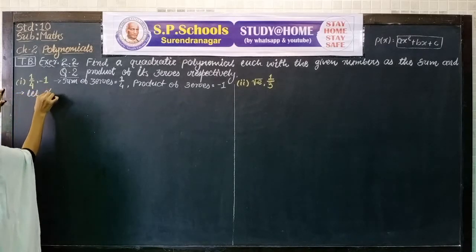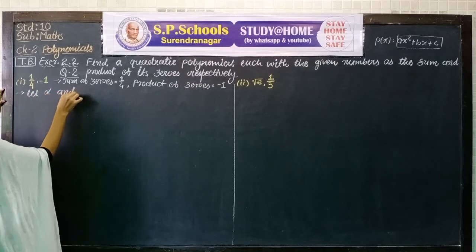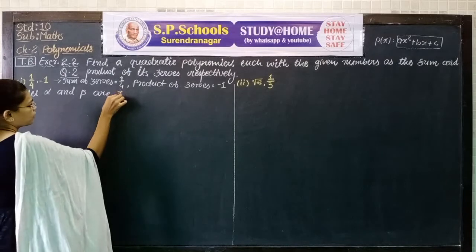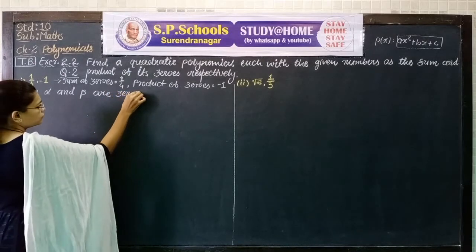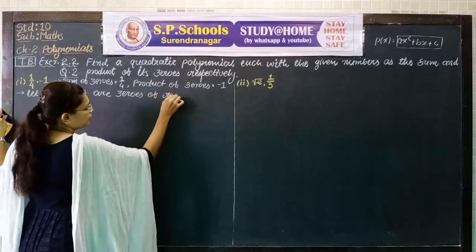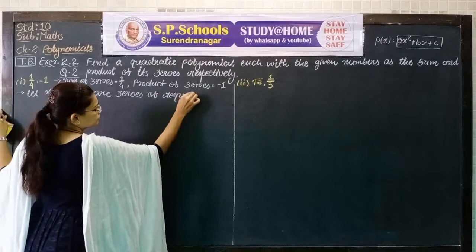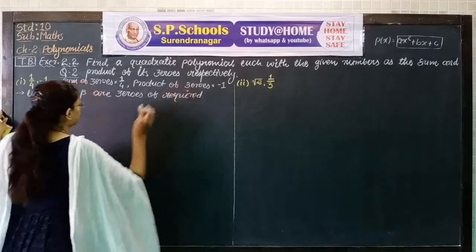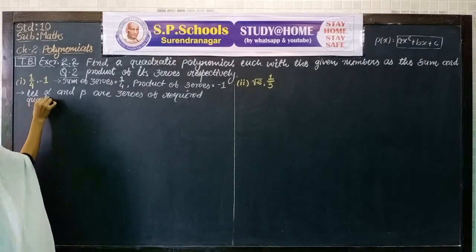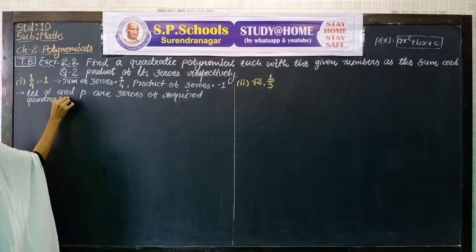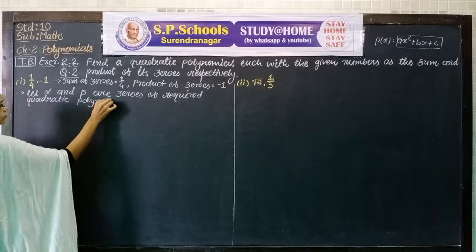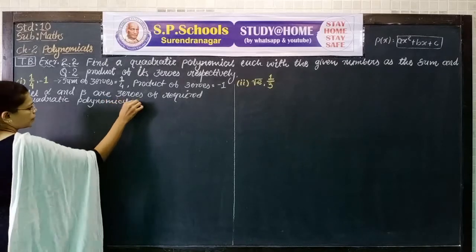Let alpha and beta be zeros of the required quadratic polynomial p of x.